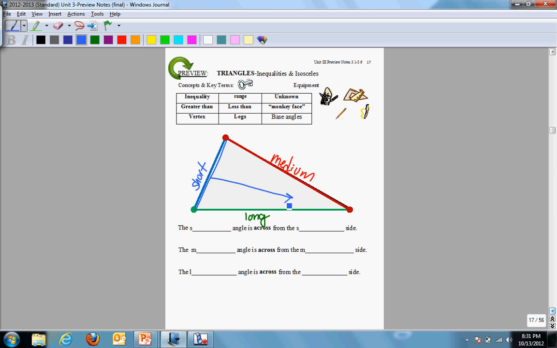Draw an arrow, sweep, write the word small. In a triangle, the smallest angle is across from the shortest side. The smallest angle is across from the shortest side.